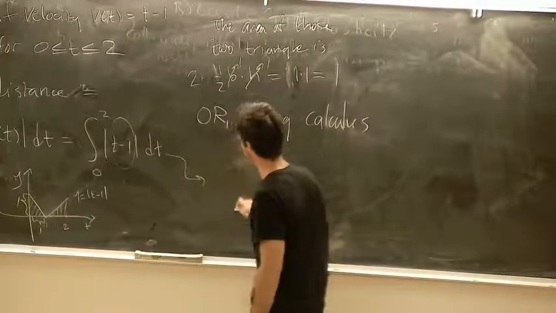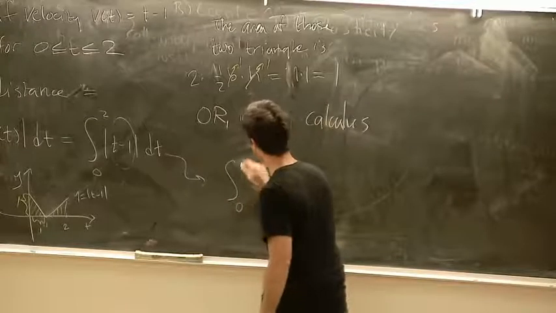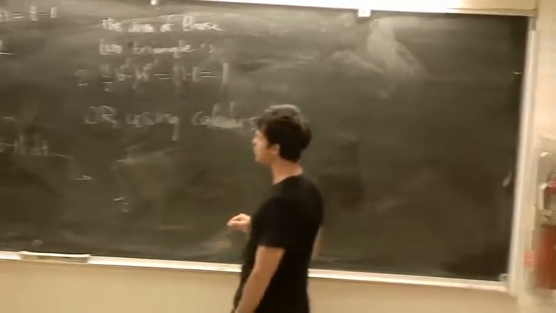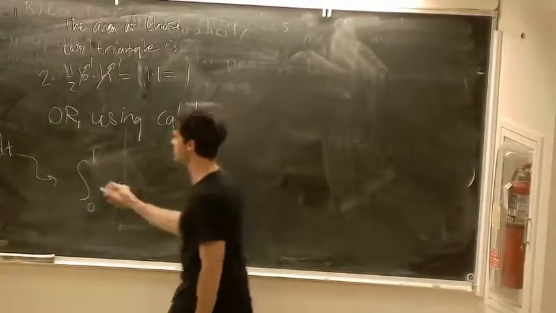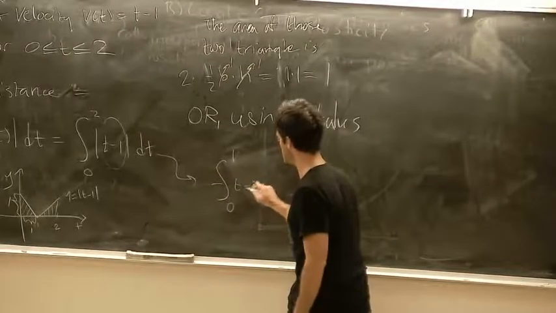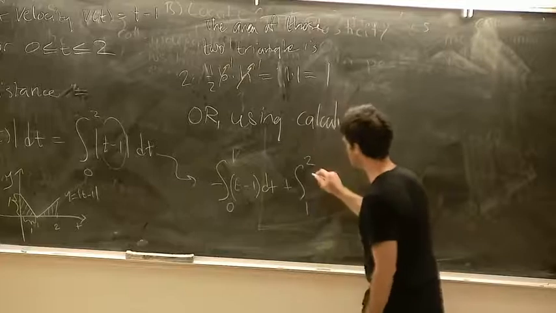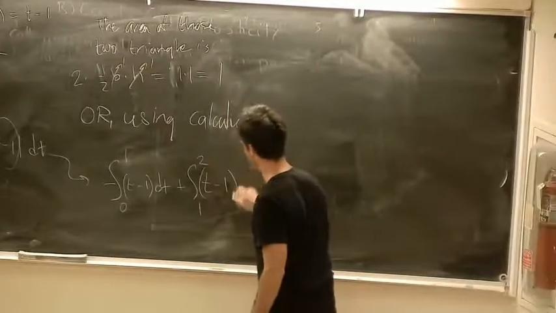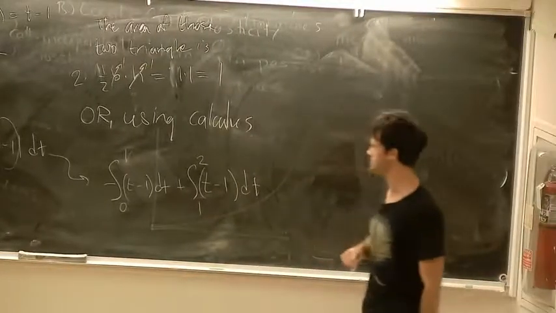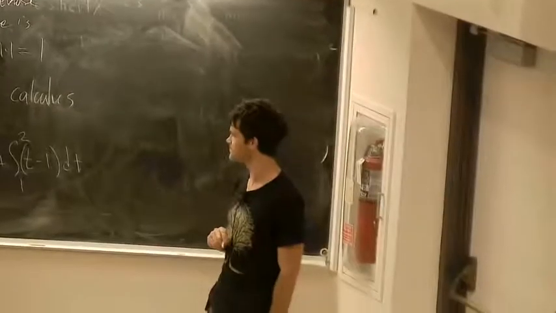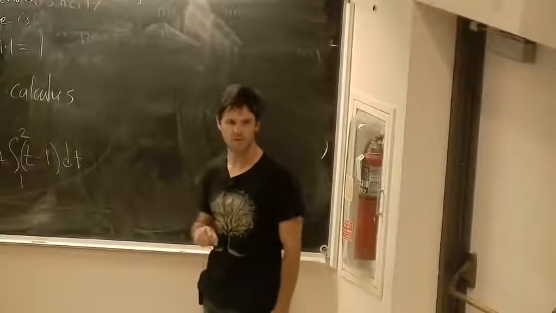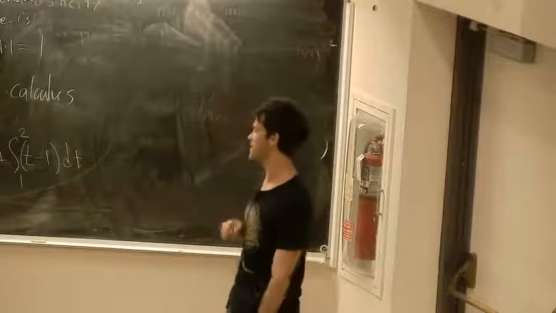So you would have to write this as, all right, from 0 to 1, we'll need a negative sign. And then from 1 to 2, we can just leave it as t minus 1.